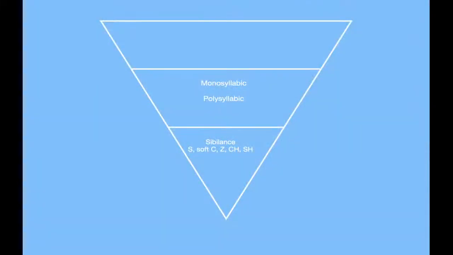So this is your triangle so far. You can see the sibilants there at the bottom, and the letter sounds with sibilants are S and C and Z and CH and SH, and then you've got the monosyllabic and polysyllabic.